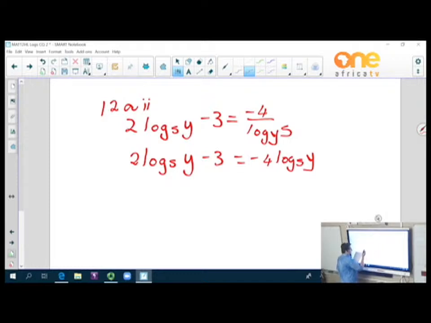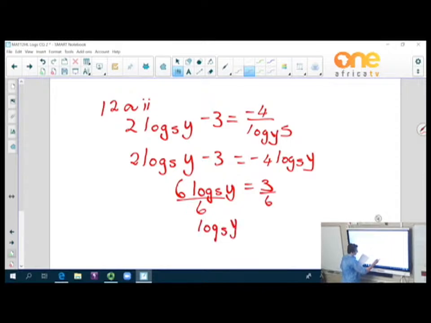So I have 2 log 5 of y plus 4 log 5 of y, which makes it 6 log 5 of y is equal to 3. So I get the logs on one side, and I take the value of 3 there. Now I'm going to divide with the 6 here to get rid of this in front. So it's log 5 of y, which is equal to a half.